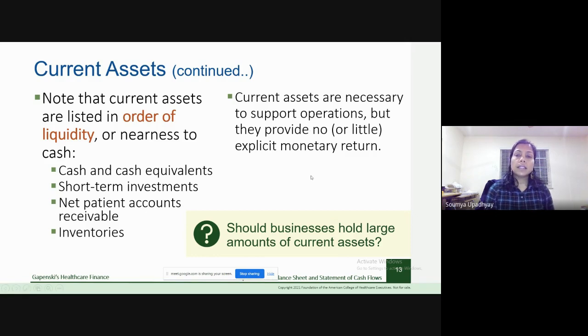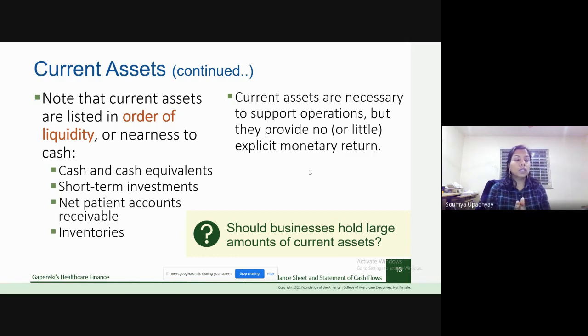Current assets are necessary to support operations, but they provide no monetary return, right? If you have money in a bank account, you get something like a 0.1% or maybe 0.001% interest rate.